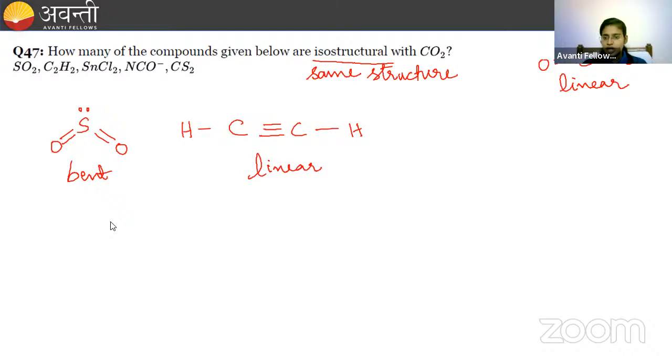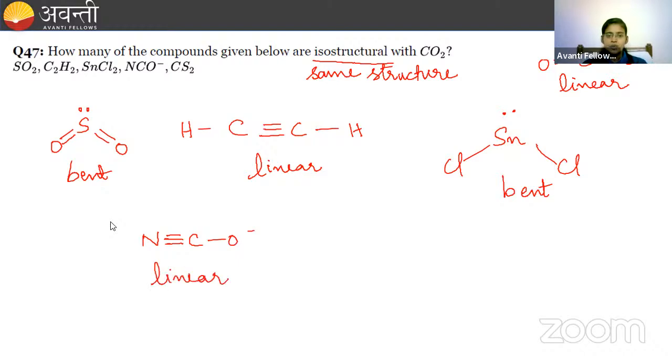Then when you check for SnCl2, tin belongs to carbon group which has 4 valence electrons. Out of 4, 2 have been used for bonding and the remaining 2 are present as a lone pair. So again we are getting a bent structure here. And for NCO minus, it is N triple bond C, O minus. So we have a linear structure for this molecule.